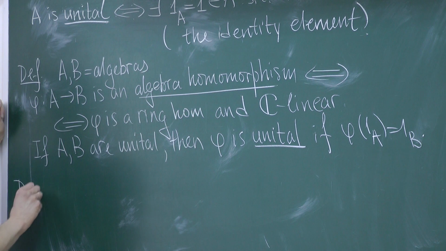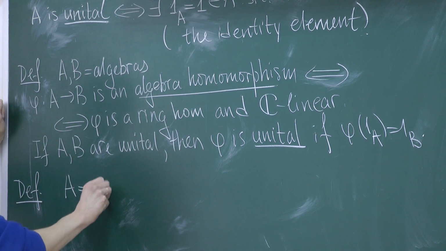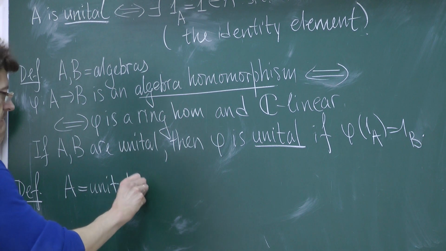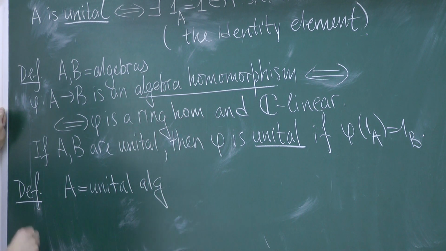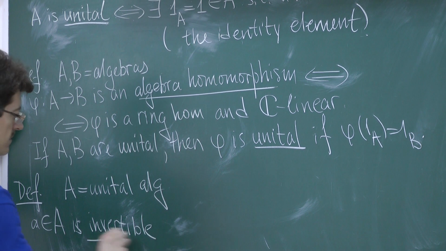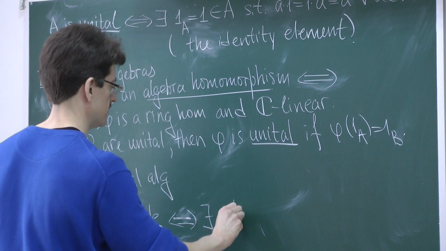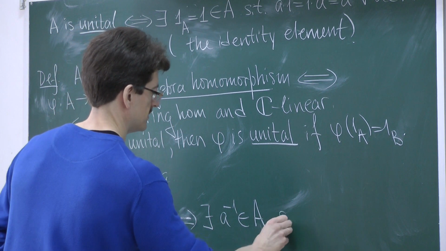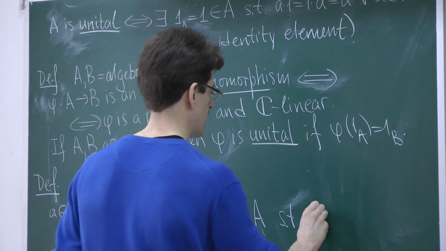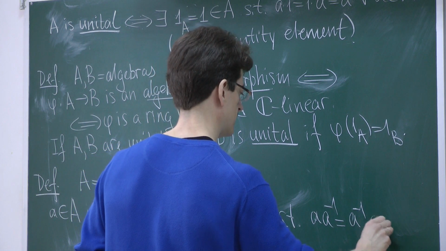One more standard definition. If A is a unital algebra, then we say that an element of this algebra is invertible if there exists another element denoted by A inverse, such that the product of these two elements taken in any order equals 1.